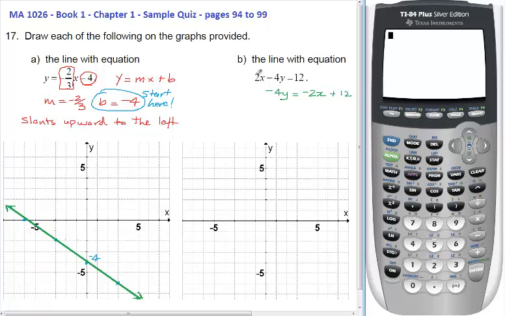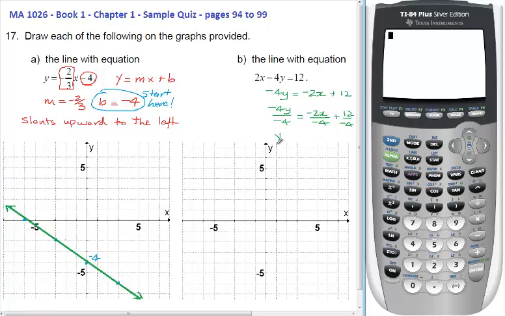So in the first step, I have taken the positive 2x and moved it to the other side. In other words, I've subtracted 2x from both sides, and that just makes it negative when you move it over. Now of course I divide everything by that negative 4 to isolate y. What am I doing? I'm putting it in slope-intercept form. So I'm isolating y. I want y equals.